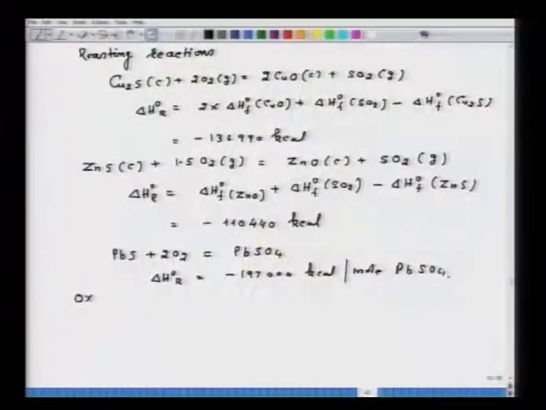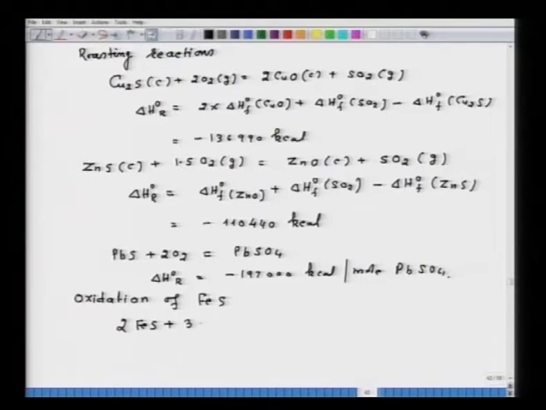Let us see now the oxidation of FeS. We can write 2 FeS plus 3 O2 is equal to Fe2O3 plus 2 SO2.